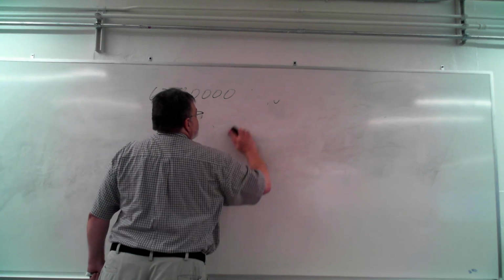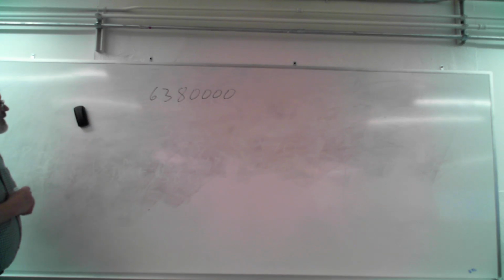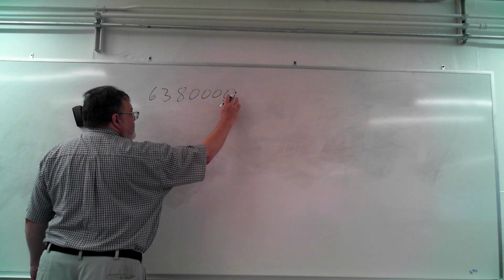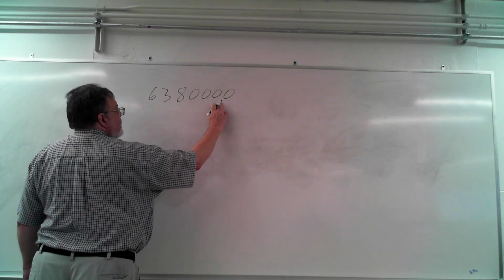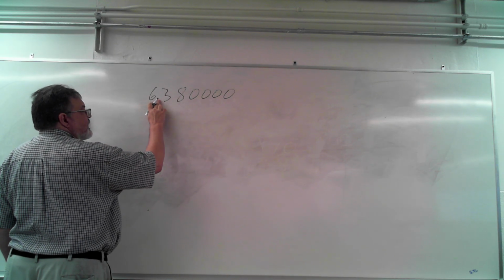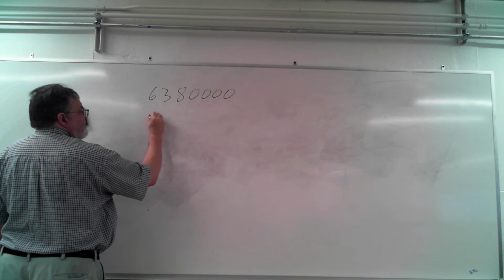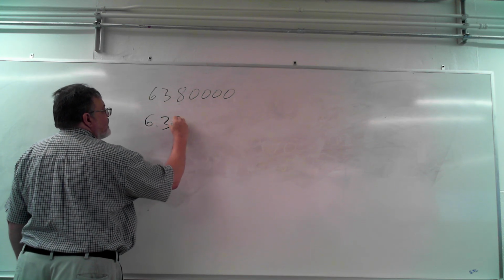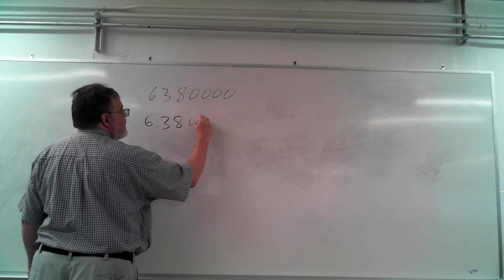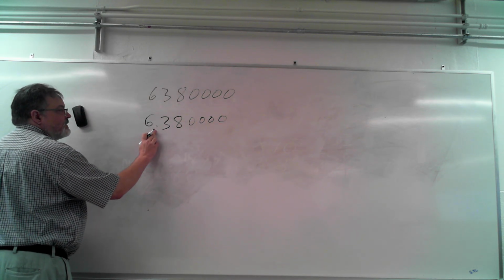What if I did this? The decimal would be here, and I've got to go 1, 2, 3, 4, 5, 6 to get the decimal removed. But once I have the decimal here, how do I make this?